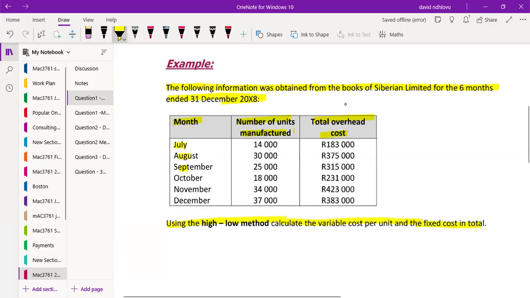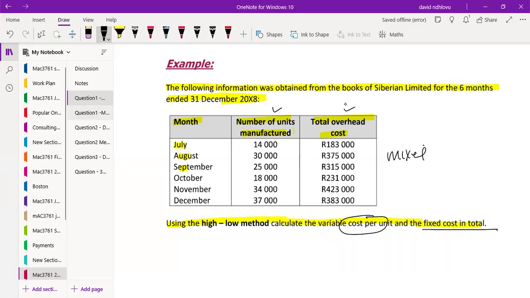So we have been given a range of data for the 6 months from July to December. We have the number of units that were manufactured in each of those months, and then we have the total cost. Now, this total cost is a mixed cost. So we need to determine the variable cost per unit and also the fixed costs. That's a simple calculation.